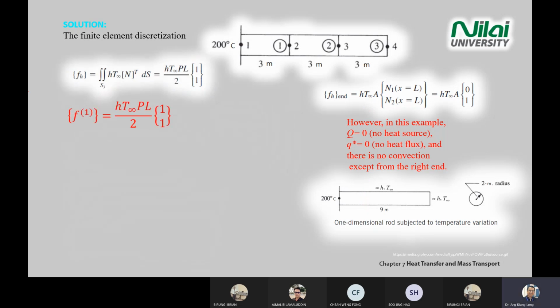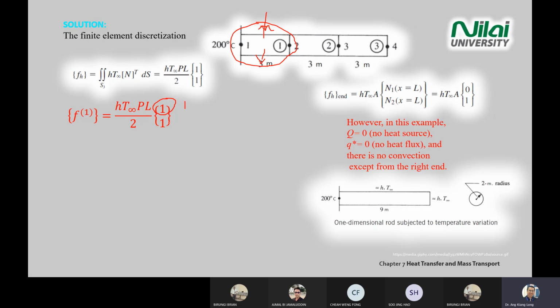Okay, so for element 1, element 1 is here. Because it does not have any insulation layer, you have h released to the side, but you don't have the end here. So you only have the middle equation, which is the F_h, that is h released to the side. So you just calculate h T infinity PL over 2, 1 1. Again, what is the meaning of the first matrix here?